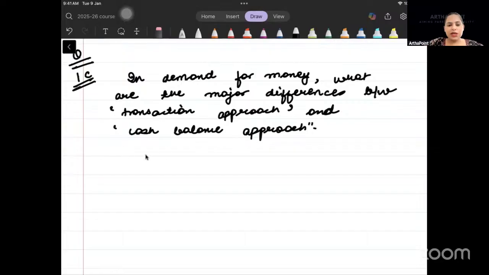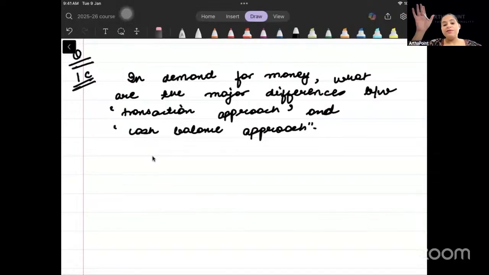So try to understand that when we talk about the transaction approach, it was Fisher's approach. And when we talk about the cash balance approach, it was the Cambridge approach, right? So both are different things. Firstly, with respect to who gave what. Secondly, whenever we talk about transaction approach, as the word suggests, we are relating money to the number of transactions being conducted.